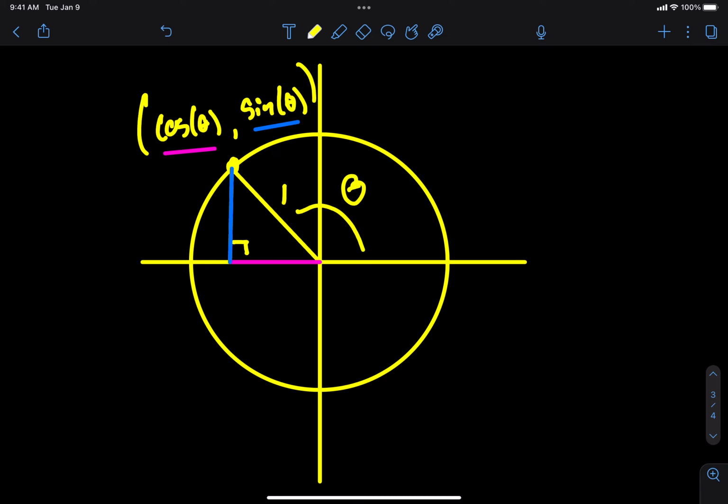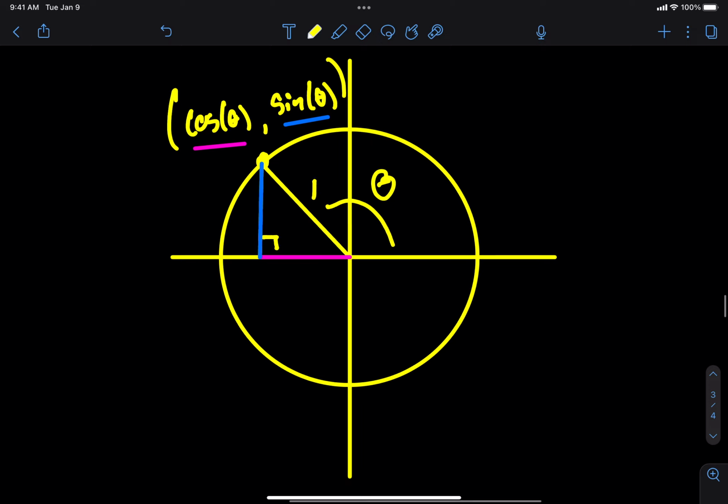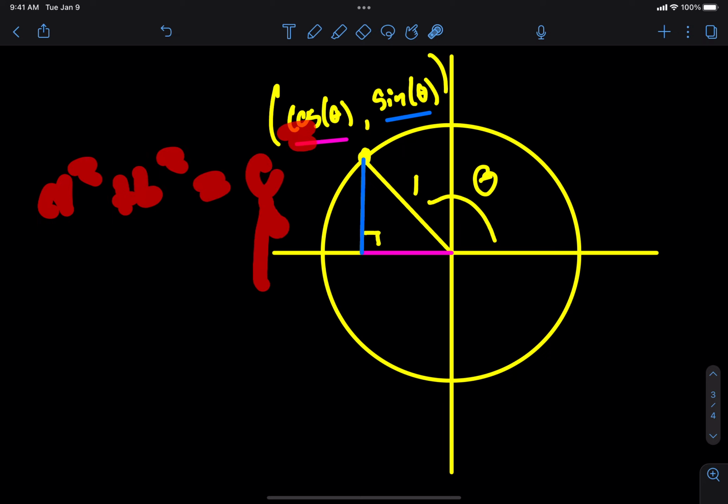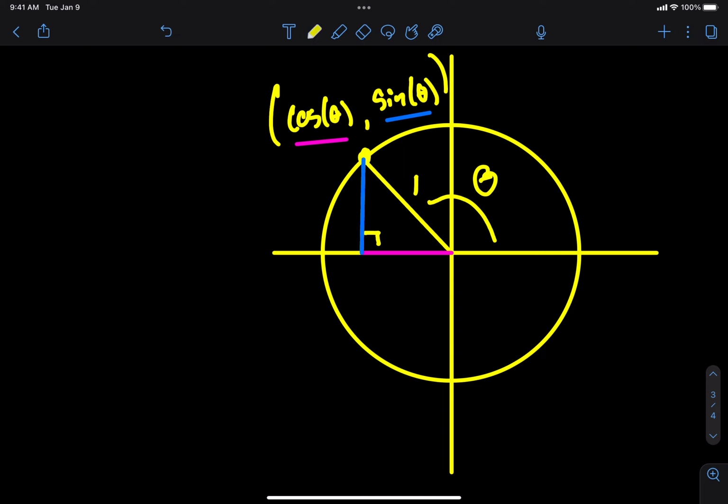Okay. So what does the Pythagorean theorem say? It says a squared plus b squared equals c squared, where c is the length of the hypotenuse, a is the length of one of the legs, and b is the length of the other leg, right? So what is the length of the first leg? Let's say this leg. It's whatever this number is, yeah?